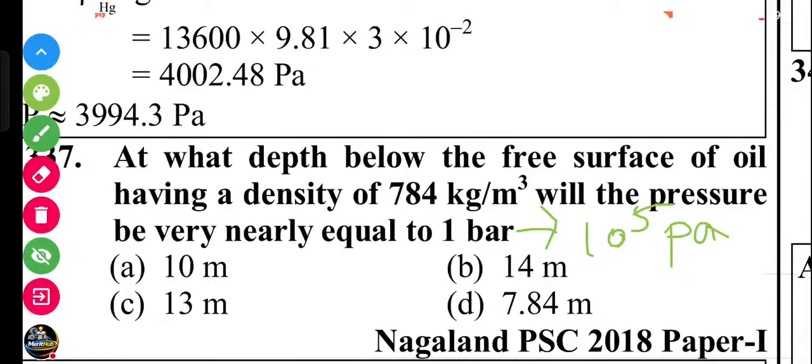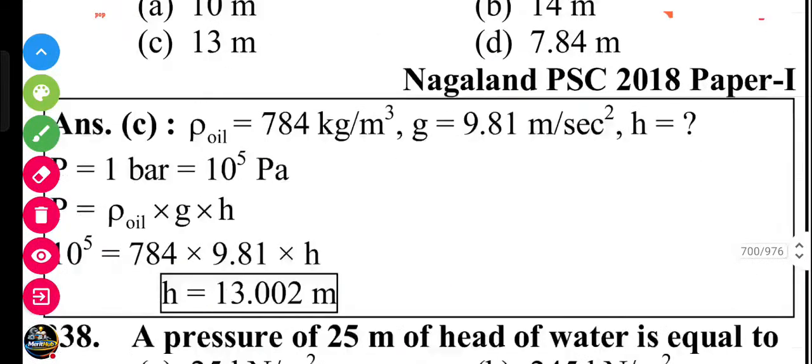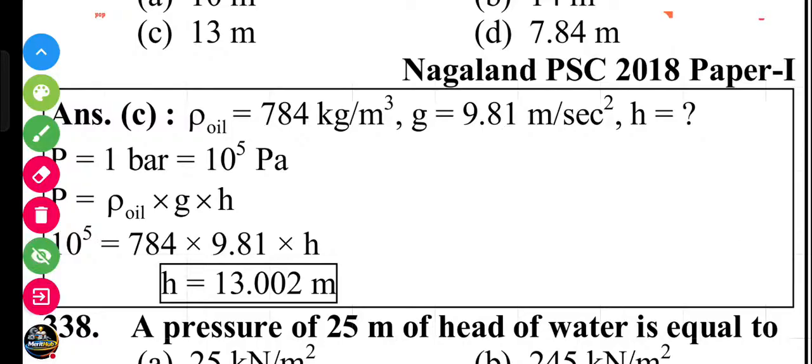So depth below the free surface: P equal to ρgh, where the pressure is 10 to the 5, density is 784, 9.81 is gravitational acceleration. Then you can get the h. Let's check. Yes, this is the same process. 10 to the 5, 784 into 9.81, h. So you can get h equal to 13.002. We approximate 13 meter.